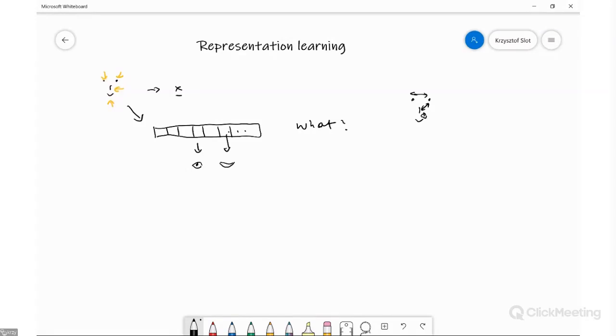So, for example, if I have an image with this face, and I have another image, so there is one image with the face here, and another image with the face here. This is exactly the same content. The only difference is translation. So a good representation should be invariant to this transformation, to translation.